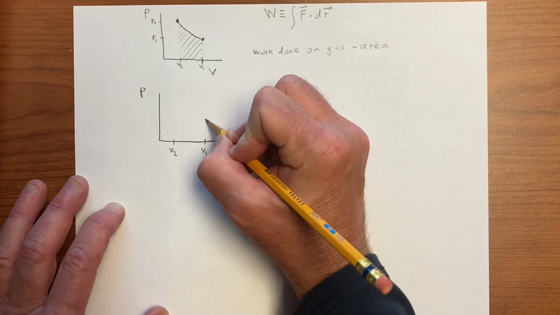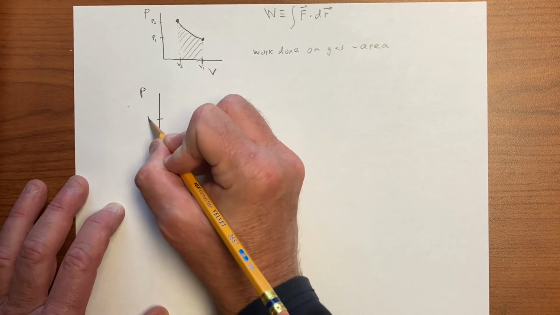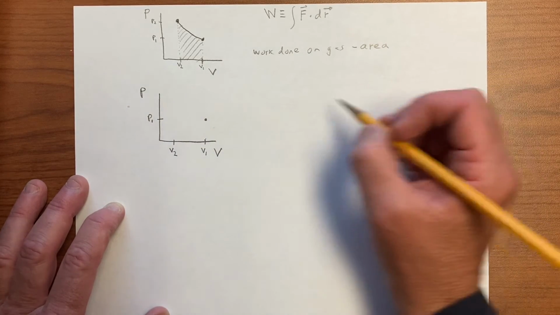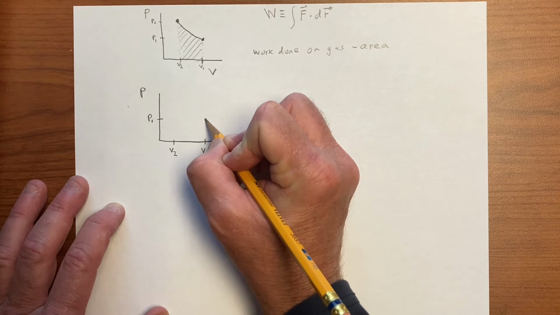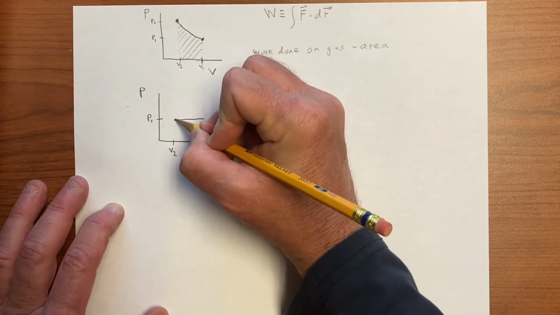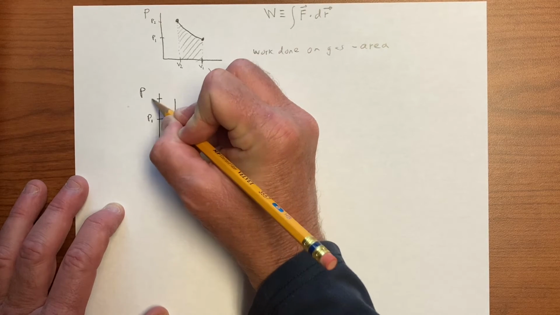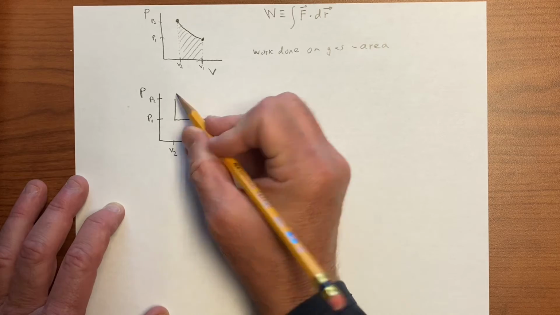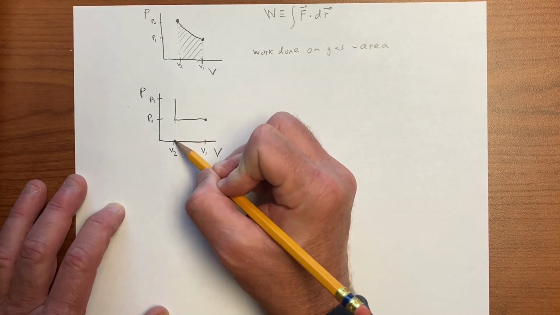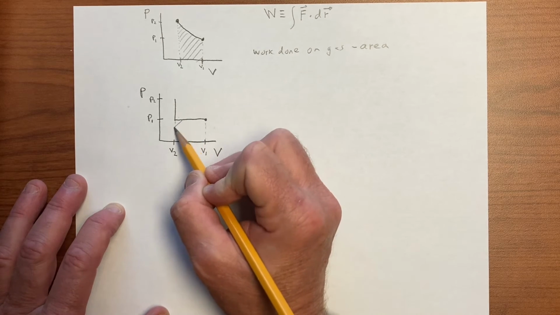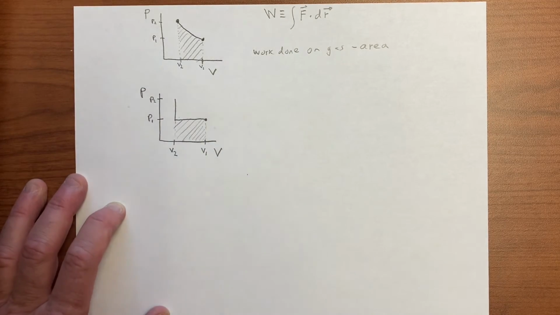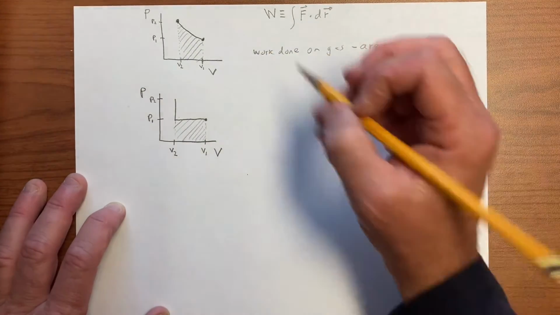We'll start with P1, just like we did there, and end up at the same place. But we'll come to V2 at constant pressure, and then we'll go up to P2. Okay, so we'll go that way. What's the area under the curve? Well, it's all of this. And clearly that value is different from this.